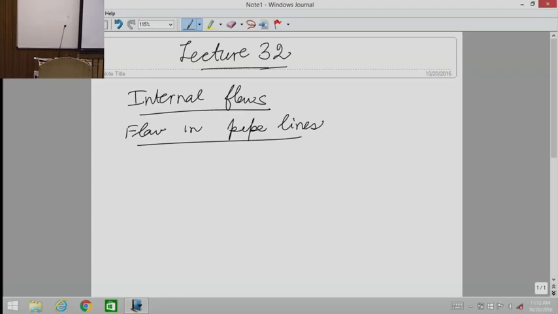And when we talk of flow in pipelines, we'll introduce the concept of laminar and turbulent flow in the context of a pipeline.